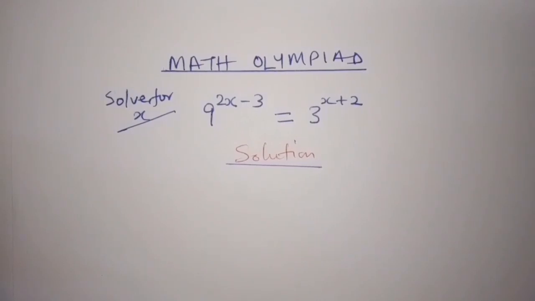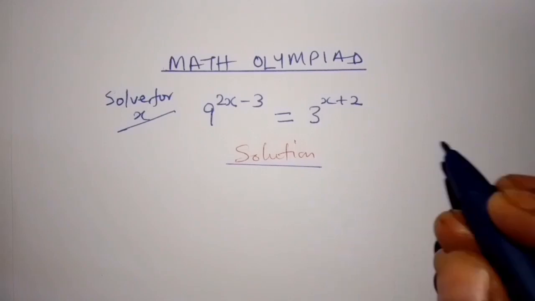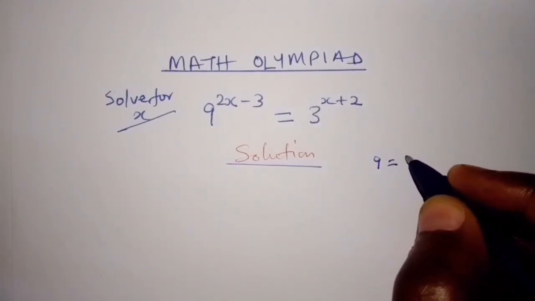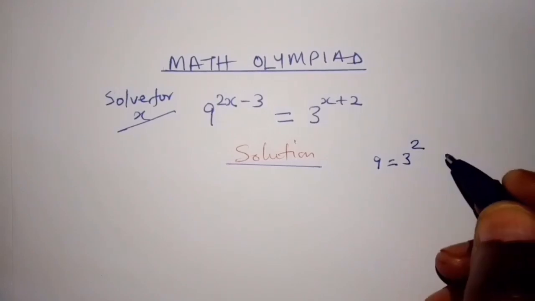9 power 2x minus 3 is equal to 3 power x plus 2. How can we solve this problem? We can write 9 as 3 power 2.